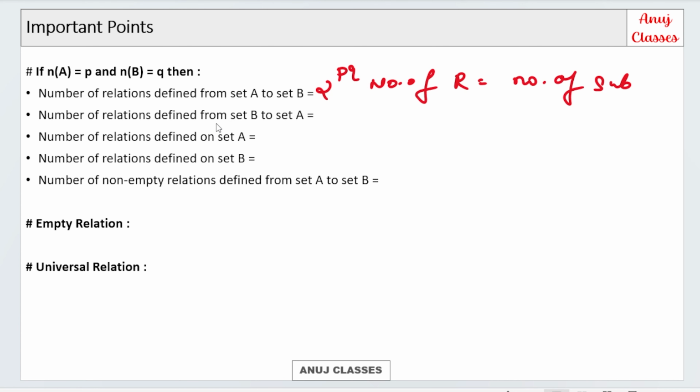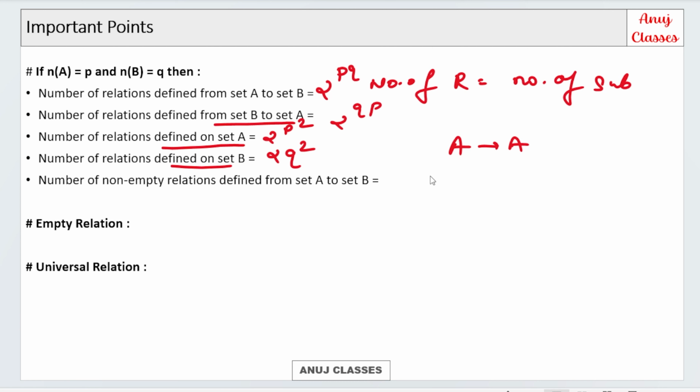The number of relations defined from B to A is also the same. Now the number of relations defined on set A, meaning set A to A: if the number of elements in A is P, we can write 2 to the power P squared.